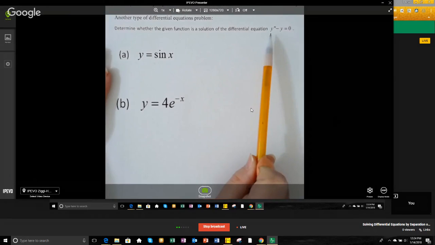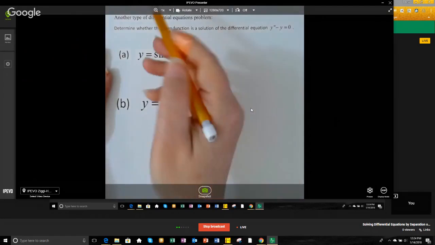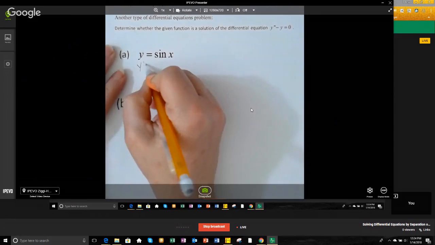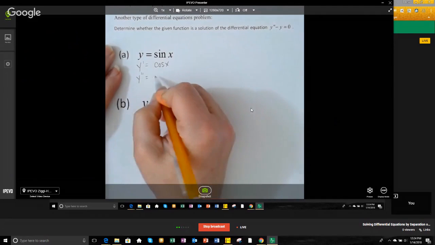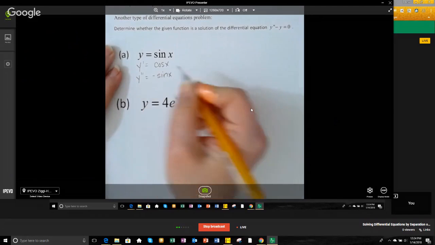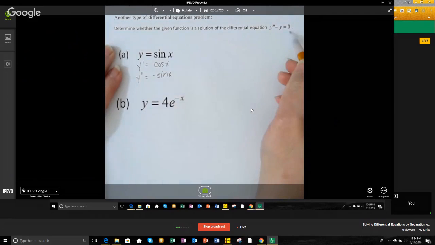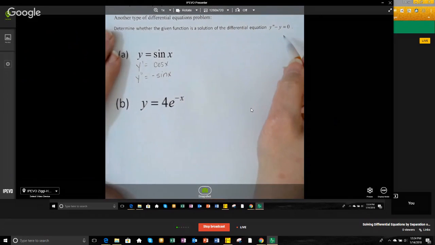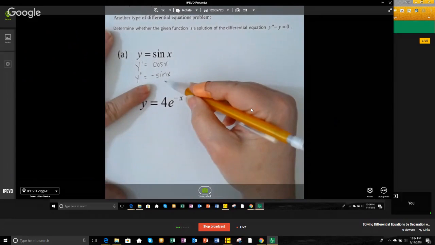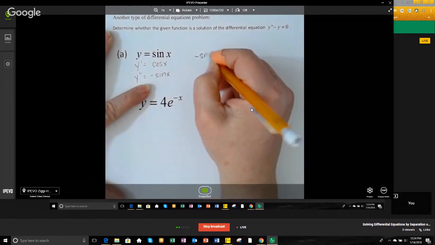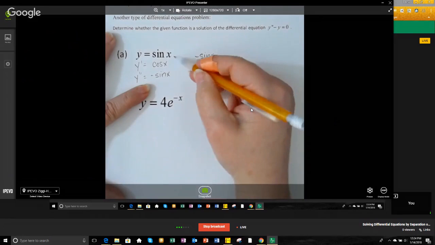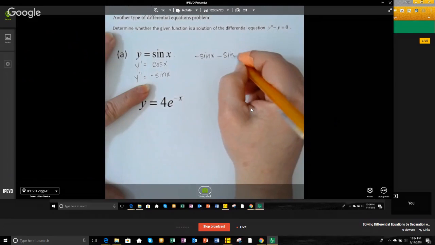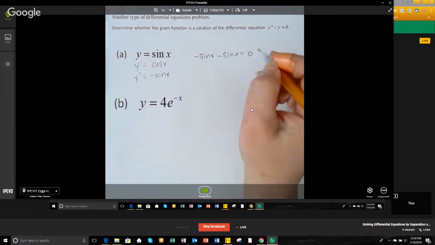In order to know, I need y prime, which in this case is cosine x, and then y double prime, which is negative sine x. I'm going to plug these into this differential equation and see if it solves it. So y double prime is negative sine x, so we say negative sine x minus y, which happens to be sine x, is equal to 0. Well, is that true?